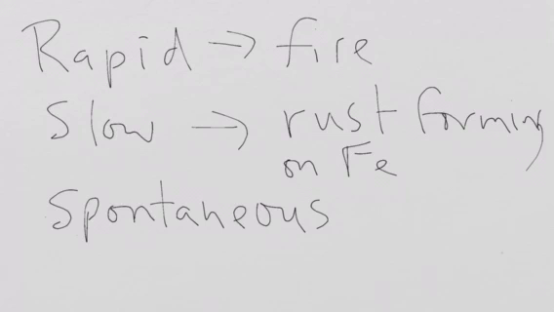Now, spontaneous combustion, okay, is a rapid combustion, but it's one where the actual ignition temperature is reached without outside help. Okay, a really good example of that is when it's super, super hot outside, okay, and dry in the summer. Sometimes when some of you go to camp for the summer, the fire warnings might be at high, and you may not even be allowed to have a campfire because it's so dry out.